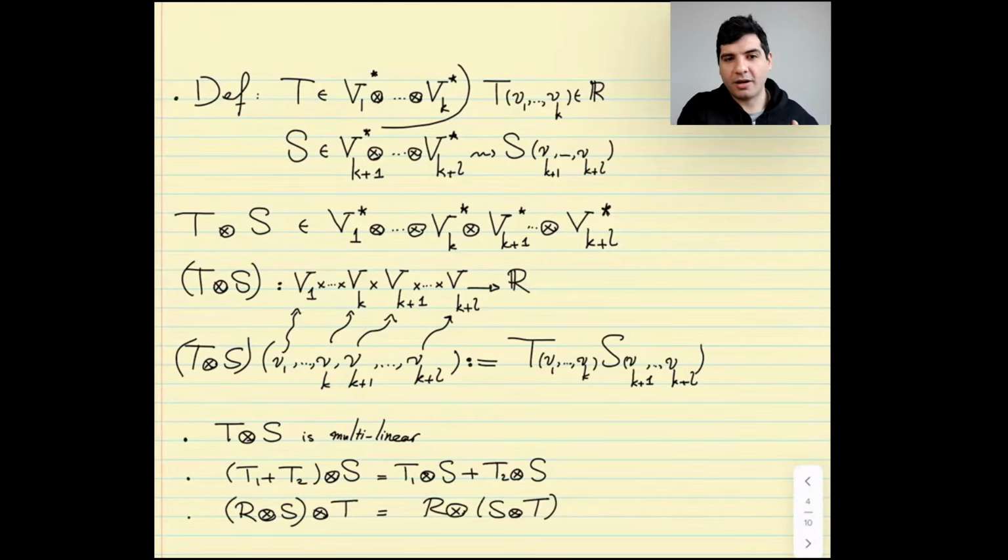You can first consider R tensor S and tensor that from right with T, or first we can consider S tensor T and tensor that from left by R. It's not commutative. It might not even make sense in general to consider commutativity.